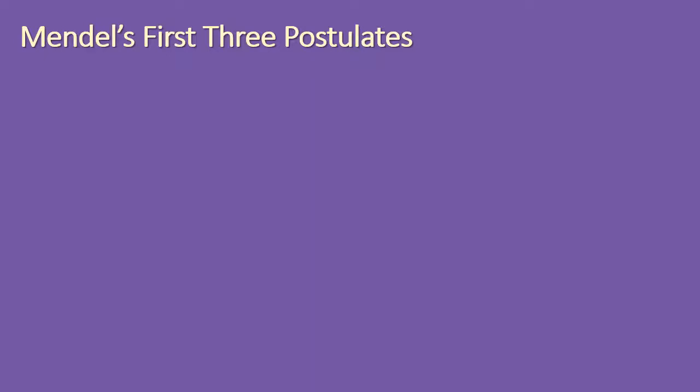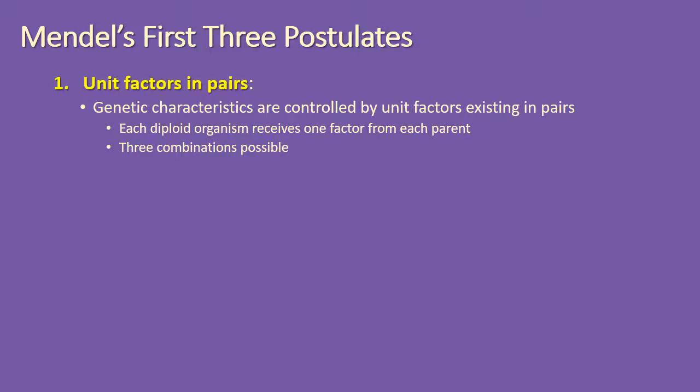So with everything he learned from his 7 different characters doing monohybrid crosses, he came up with 3 postulates. The first postulate states that these unit factors exist and that they exist in pairs.